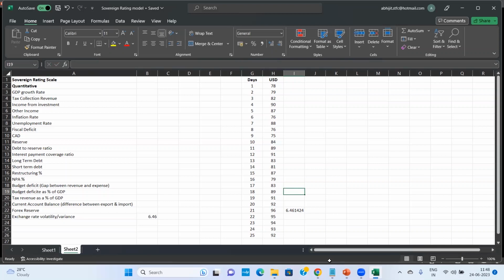Am I correct or not? So if I am correct, 6.46 is my variance. What is the variance percentage?